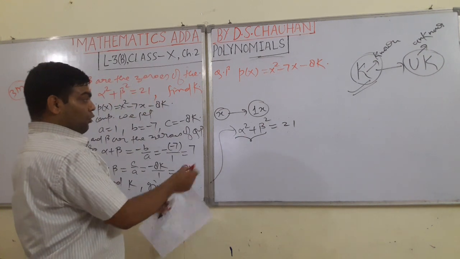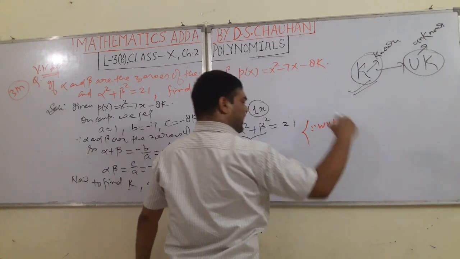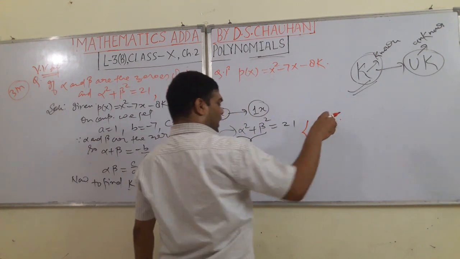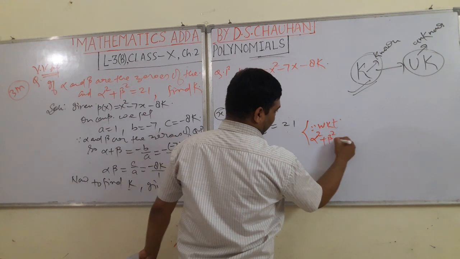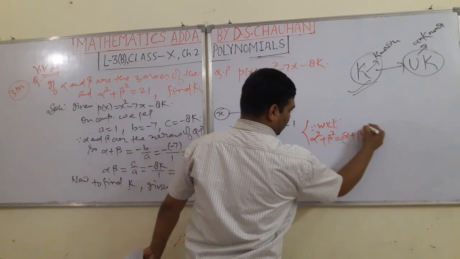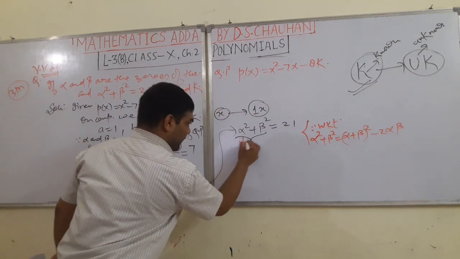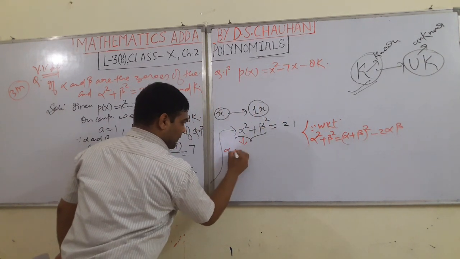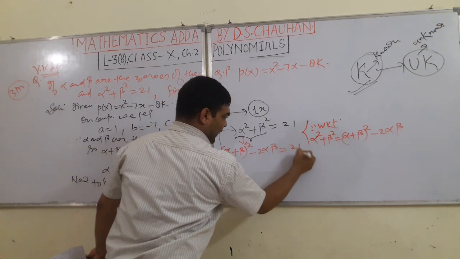Repeatedly writing the formula will make it concentrate in your mind. Since we know that alpha square plus beta square is alpha plus beta to the whole square minus 2 alpha beta, we can write alpha plus beta to the whole square minus 2 alpha beta equal to 21.